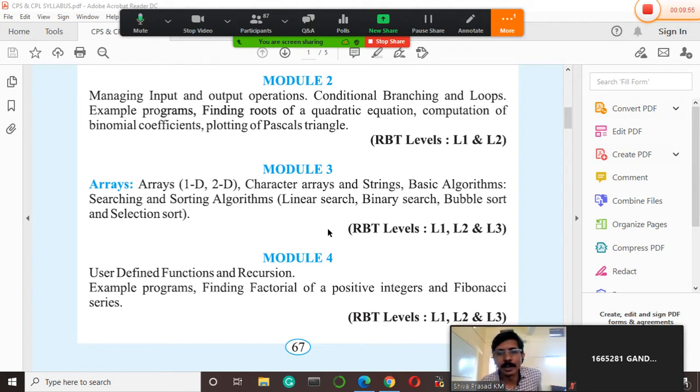You people might have seen filling up various applications, like you are familiar with filling up applications in online mode, right? For example, if you came across filling the CET online applications recently, there you were having first name, last name, middle name, and also date of birth as columns.